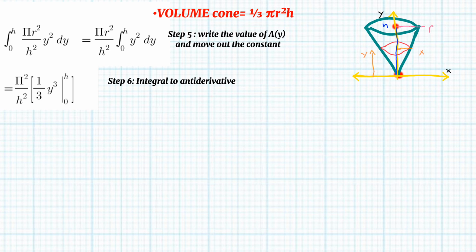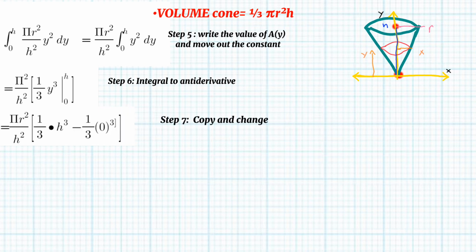So you got pi r squared over h squared times the antiderivative of 1/3 times y raised to the power of 3 with the upper bound of h and lower bound of 0. We are going to follow this formula, 1/3 times y raised to the power of 3. We're going to change y into h and 0.